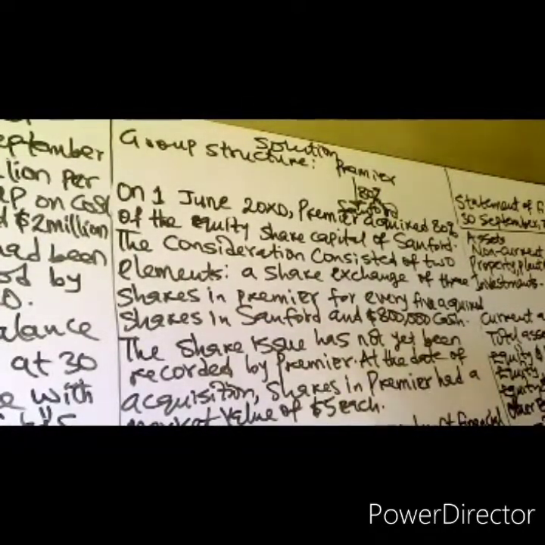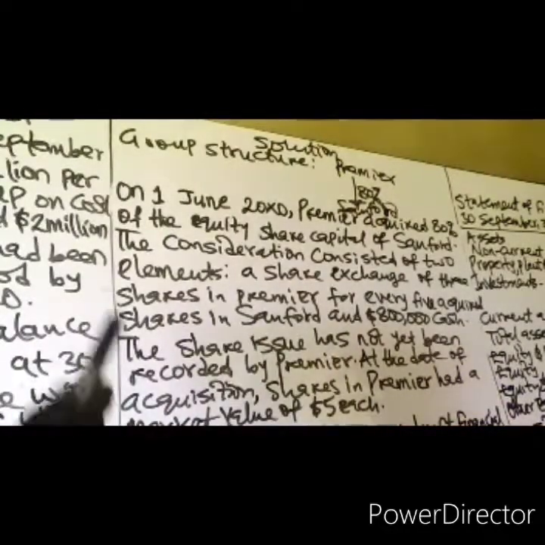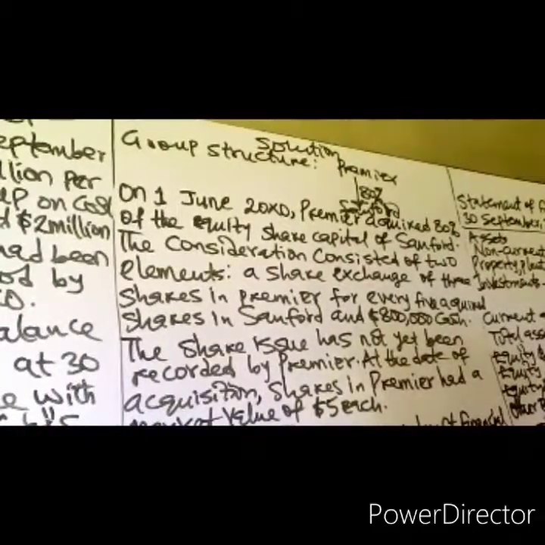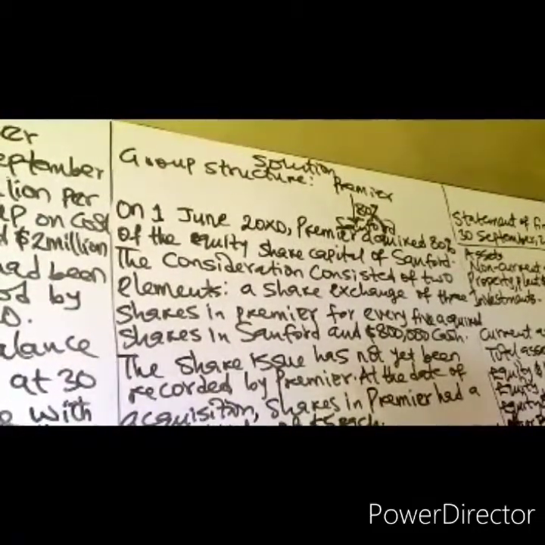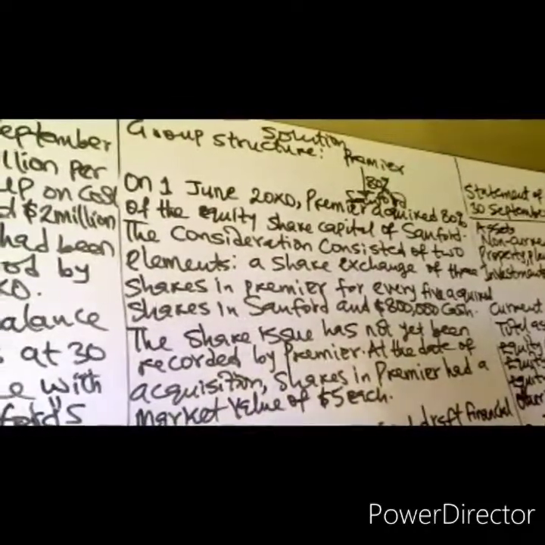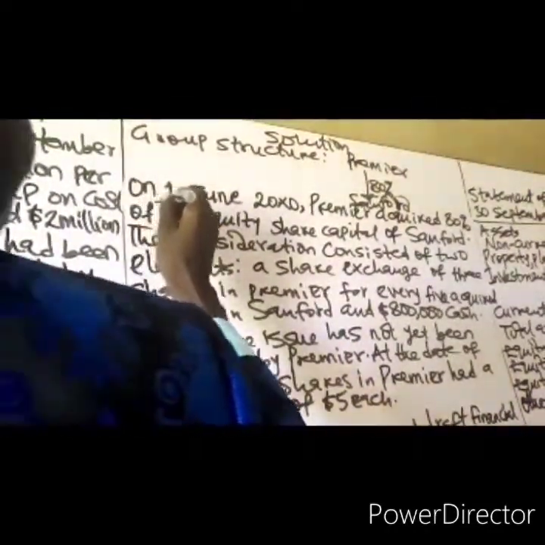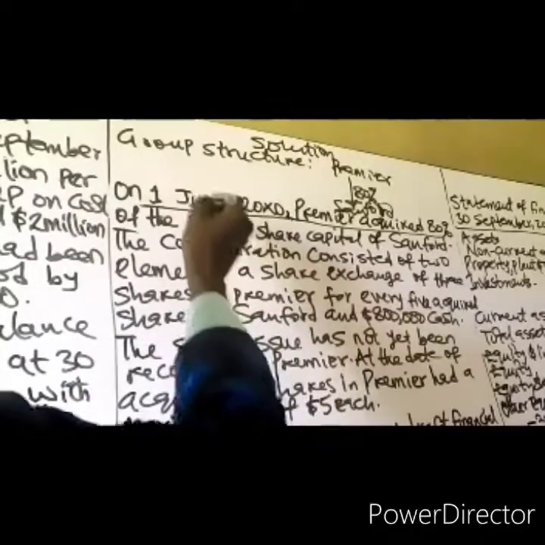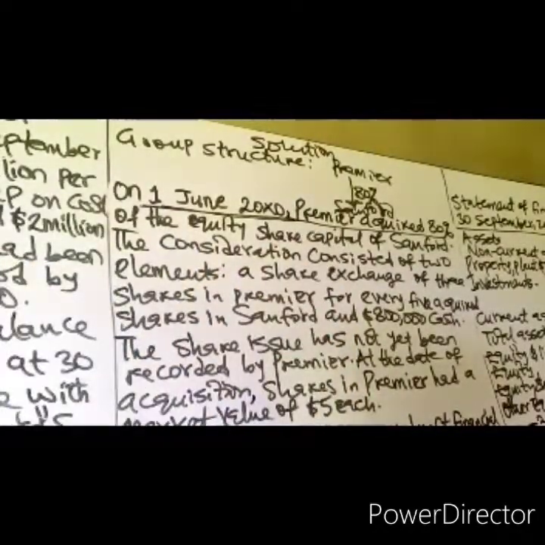Then the next thing, you identify the date of acquisition. Please don't forget this. Anytime the preparation of consolidated statement of profit or loss is required, you have to check the date of acquisition. Then you also compare the date of acquisition with the reporting date. Now, when was this subsidiary acquired? On 1st of June 20x0, Premier acquired 80% of equity share capital of Sanford. The date of acquisition is 1st of June.